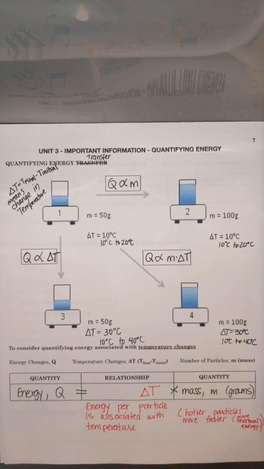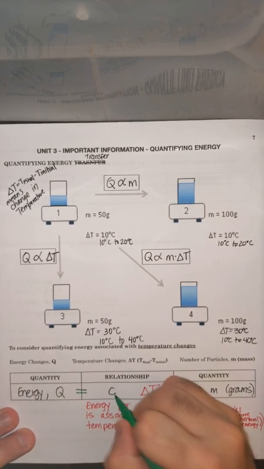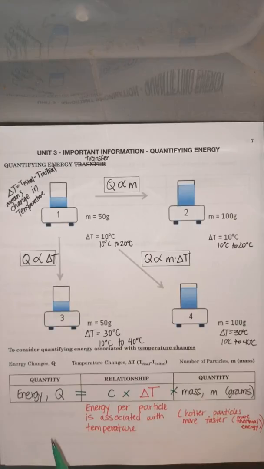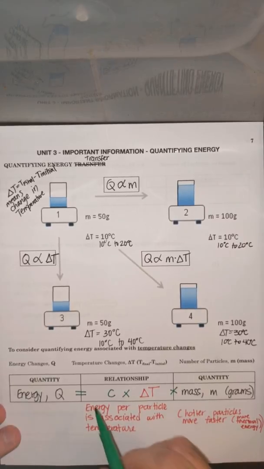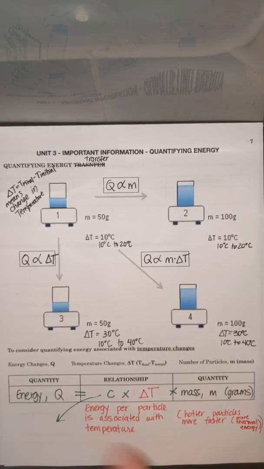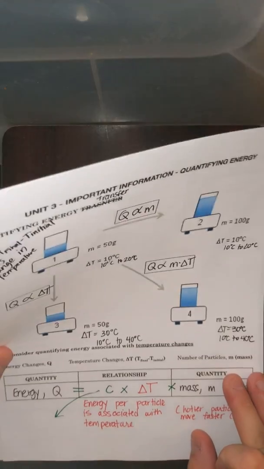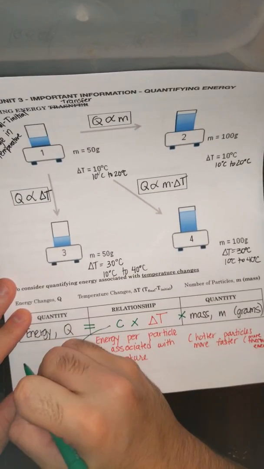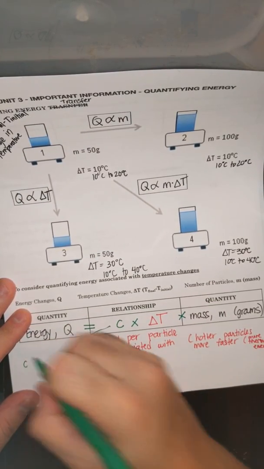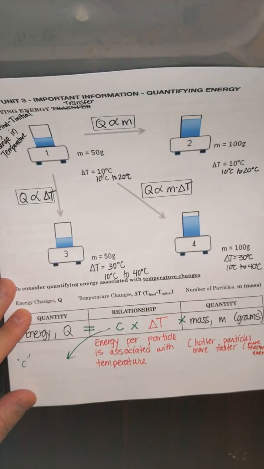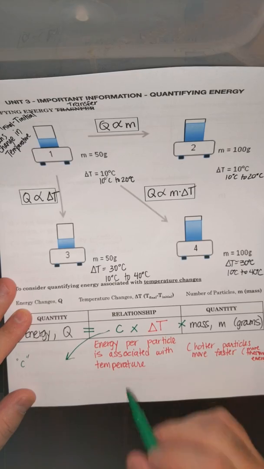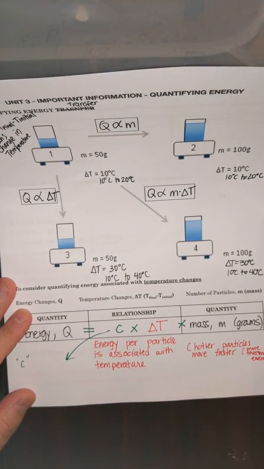I'm going to need a constant, which is C. And so I'm going to see that energy is going to be equal to C times delta T times M, where C, and we're going to write this down and move this up a little bit. C tells us a certain mass will require a certain energy to change the temperature by 1 degree Celsius.